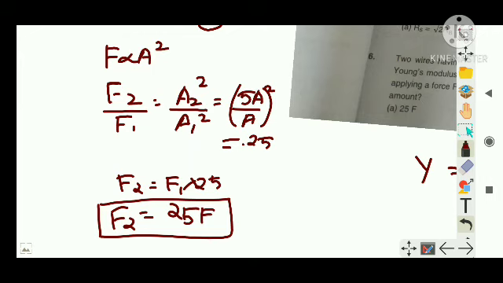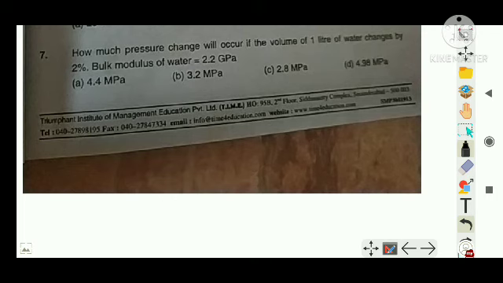Now let us move on to the next question. Your question is, how much pressure change will occur if the volume of 1 liter of water changes by 0.2%, with bulk modulus given as 2.2 gigapascal, right? So how would you do it?